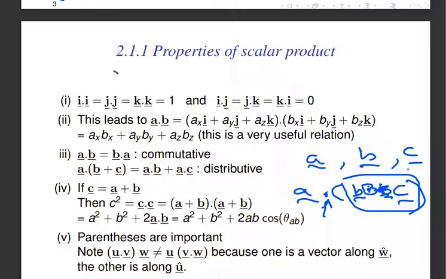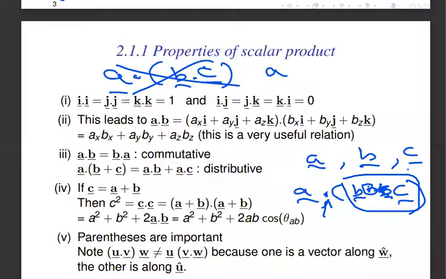Therefore, it doesn't have the associative property. It is not defined. So this is wrong. But this one is okay.